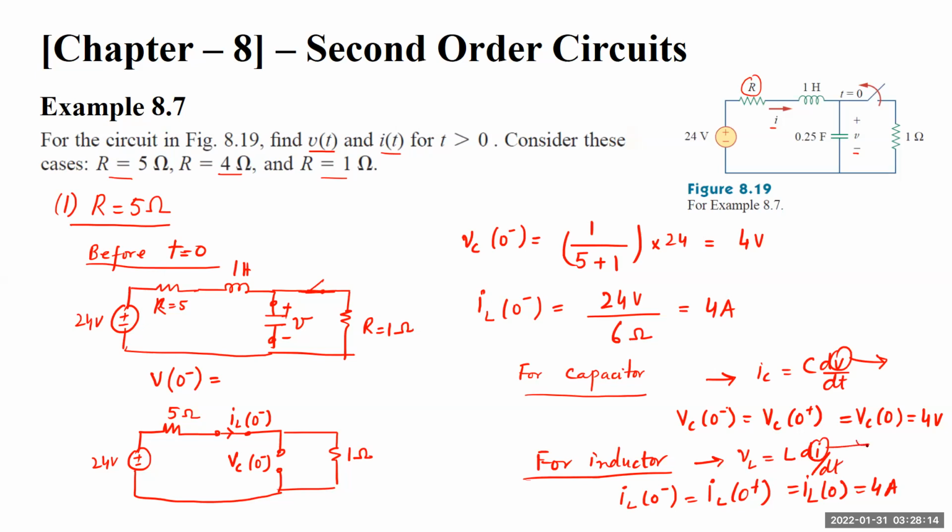Since this I is the variable that comes with a differential sign, it doesn't change instantaneously. So now we have calculated our initial conditions. The initial conditions are voltage 4 volts, IL equals 0 volts. Oh, sorry, IL equals 4 amperes. Now let's move ahead and see what else we got.